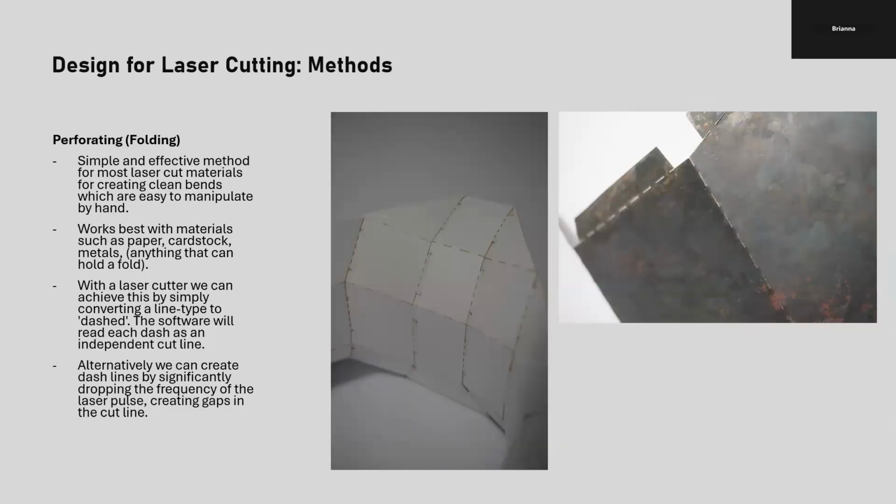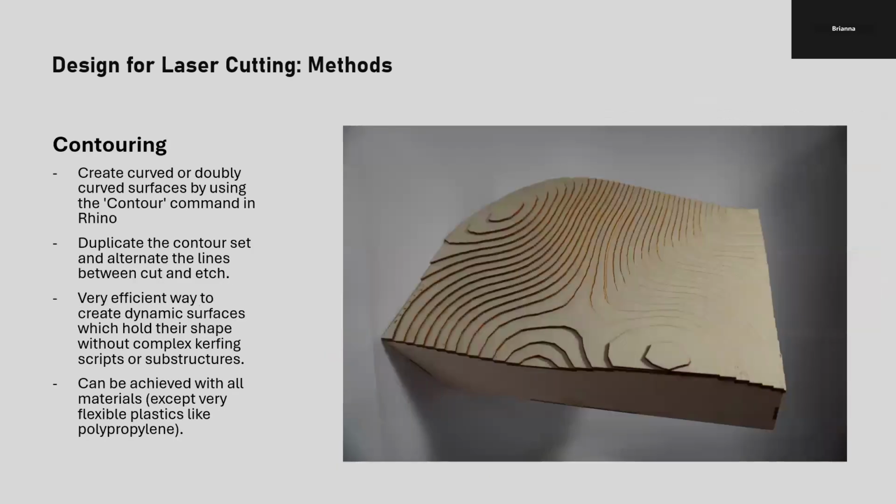There's plenty of different methods around designing and fabricating with laser cutting. So perforated folding is a really good one where we turn our lines into a hatched line or an etched line that is broken, like a hidden line type line. And that means that we can take out most of the material along a curve and not all of it, which gives us a really nice clean fold.